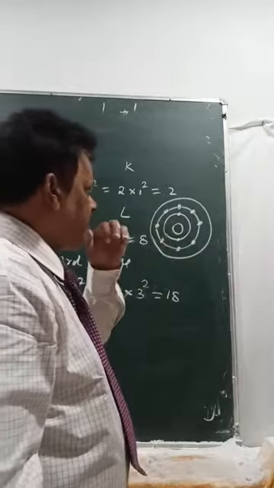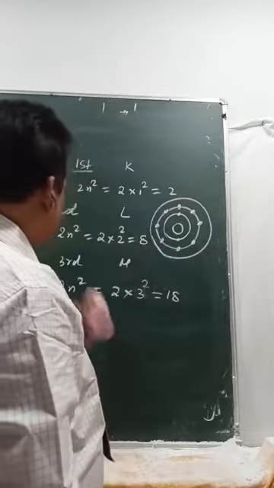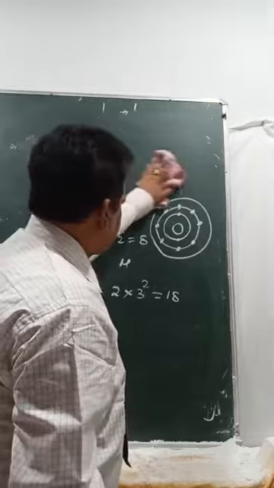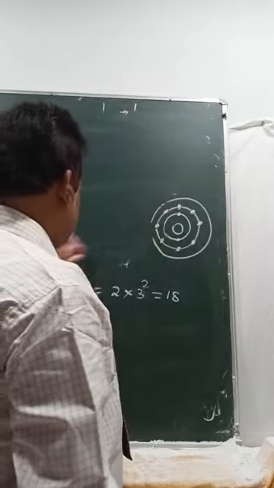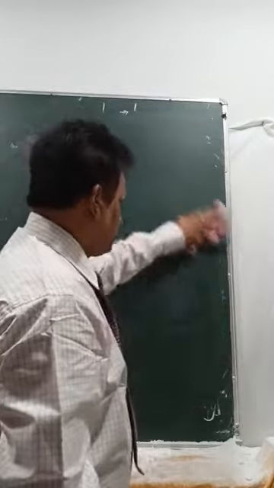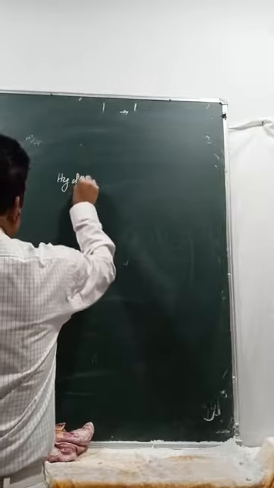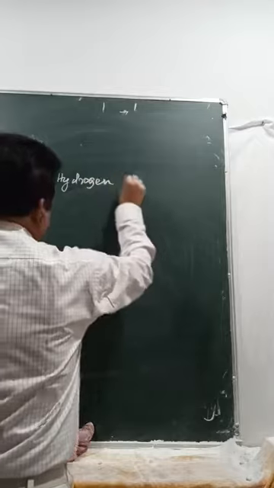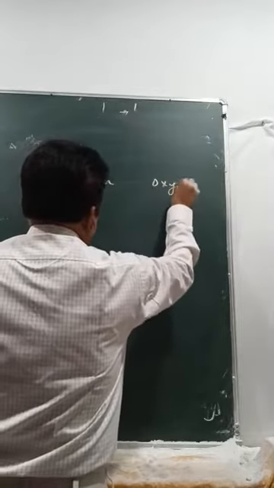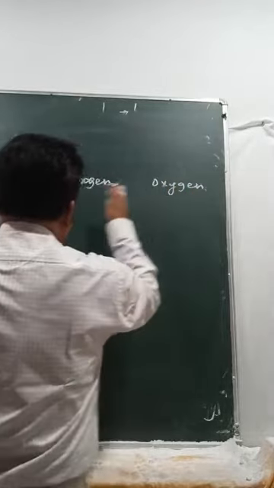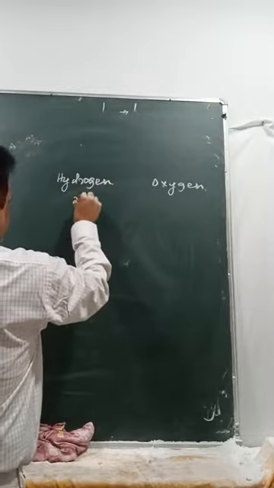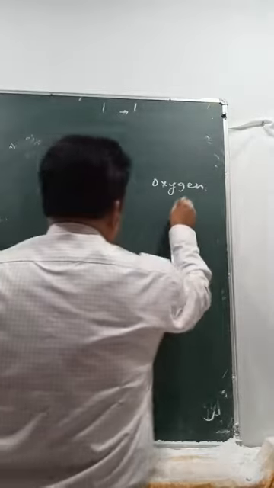What we need here is, suppose I talk about hydrogen and oxygen. Hydrogen you have 2 electrons. Oxygen you have 8 electrons.